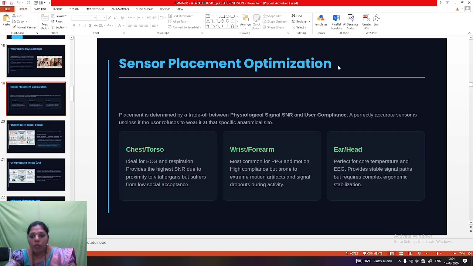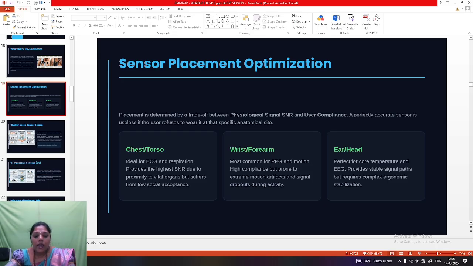Sensor placement optimization. Placement is determined by the trade-off between physiological signal SNR and user compliance. A perfectly accurate sensor is usually refused at the specific anatomical site. Sensor placement optimization. First one is chest, wrist, head.